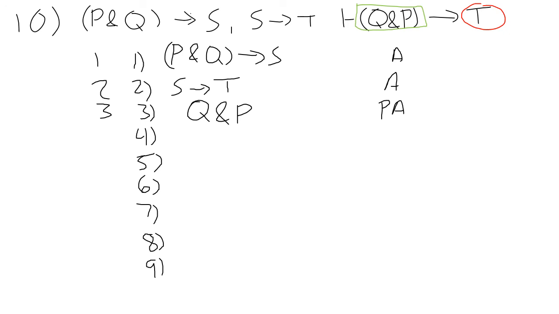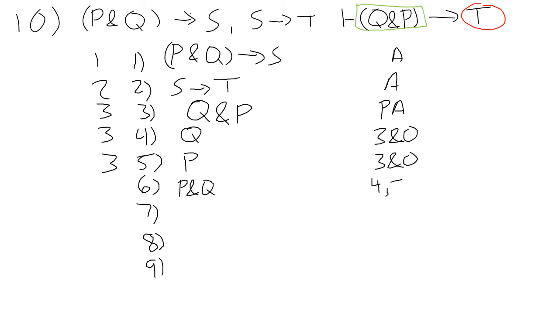So we can break apart our Q and P in lines 4 and 5. 4 and 5. So that's 3 for both of them. And then we can put them back together the way that we need to for our conditional statement. So we'll put P and Q together for 4 and 5, ampersand in.